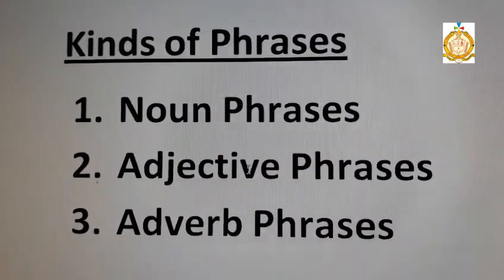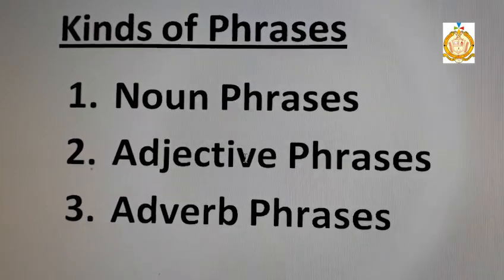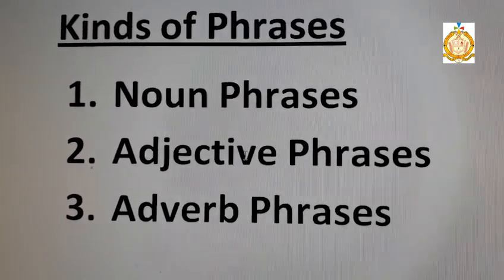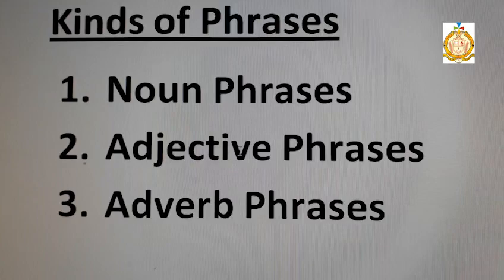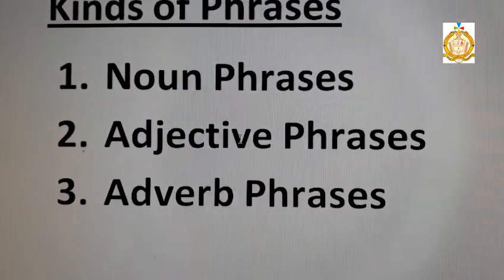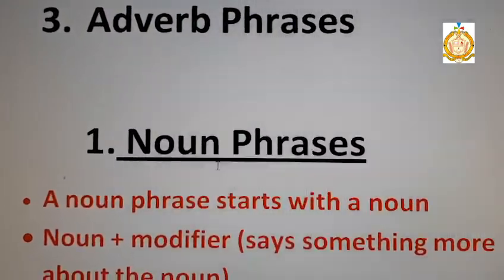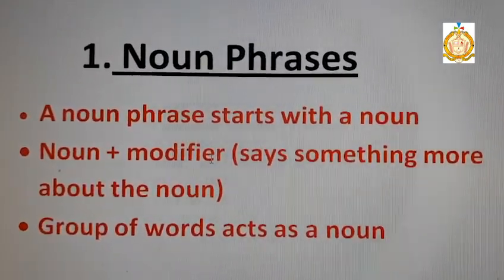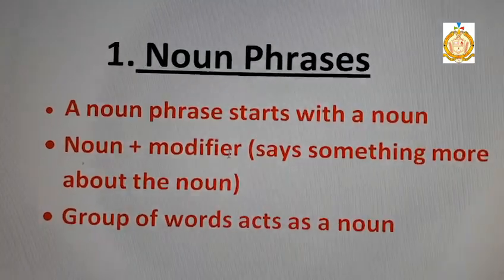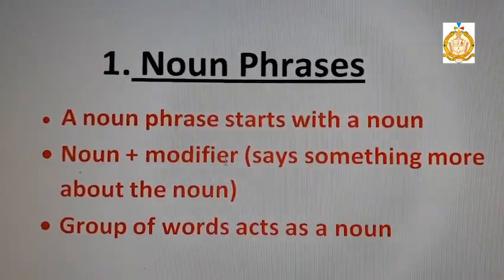Now we will study the kinds of phrases. The first one is noun phrases, second is adjective phrases, and third adverb phrases. So we begin with the first one, noun phrases. In order to understand noun phrases, we need to keep 3 points in mind.